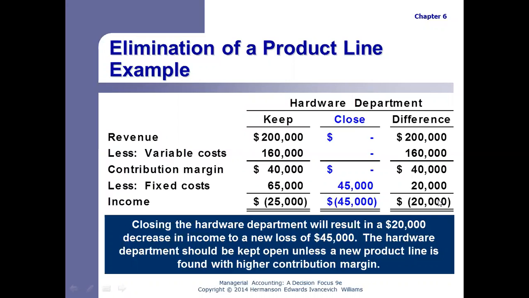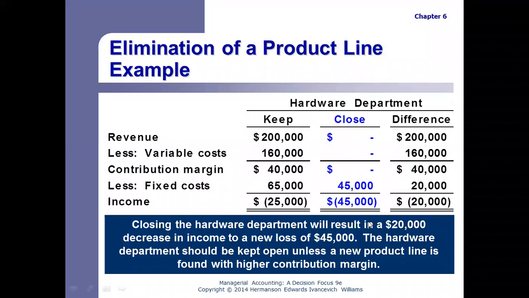If we keep the department, we lose $25,000. If we close the department, we would lose $45,000. We'd lose more. So the decision is, we better keep the hardware department and not close it.